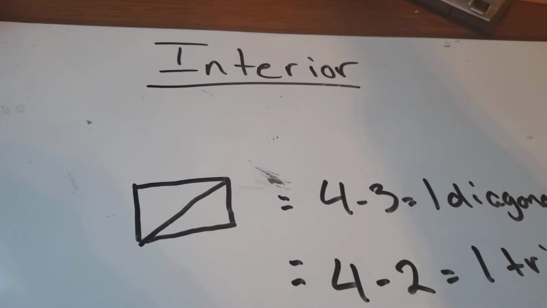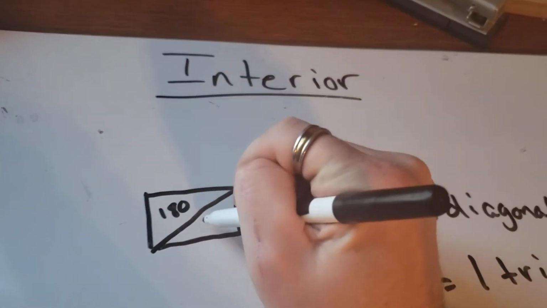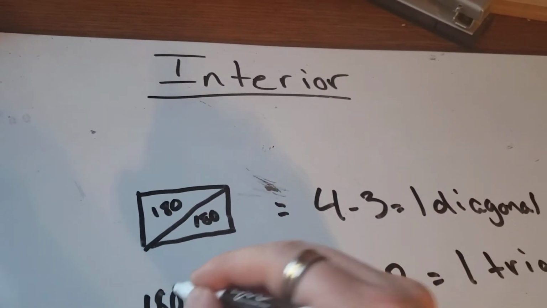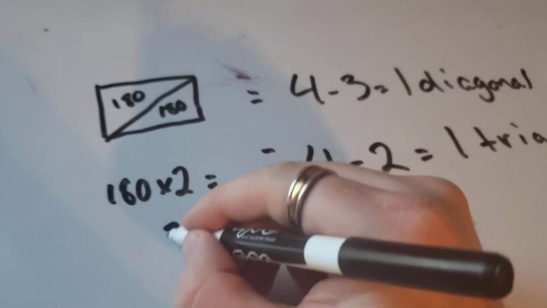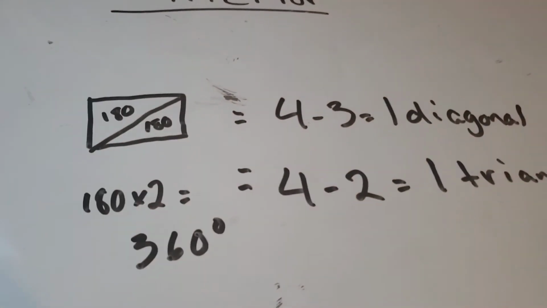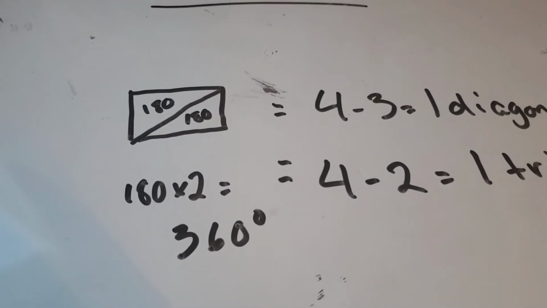We've got 2 triangles. Each one is 180 degrees. So 180 times 2 gives us 360 degrees.